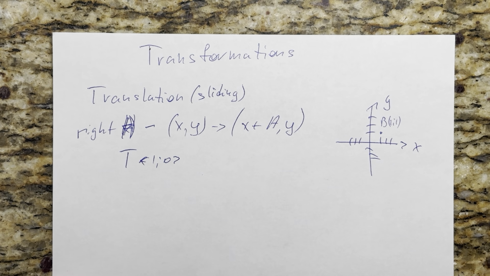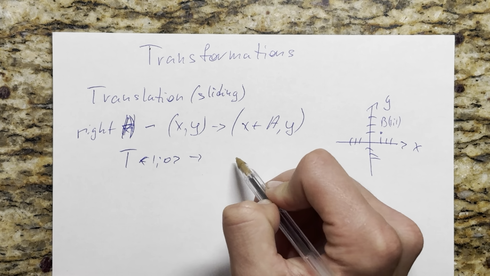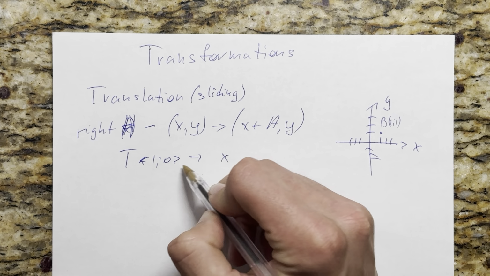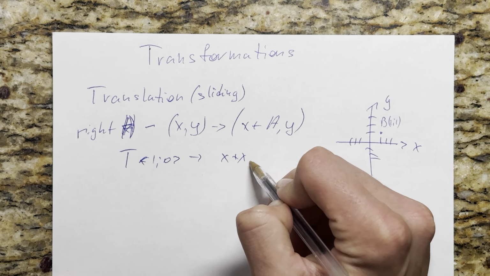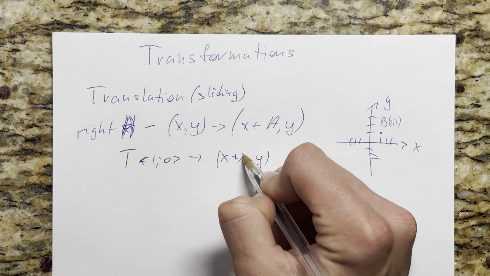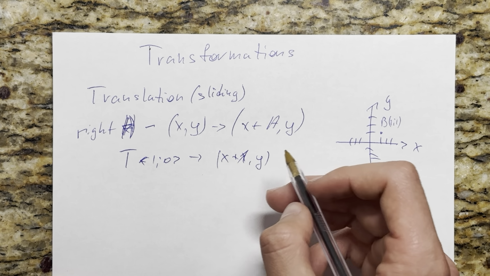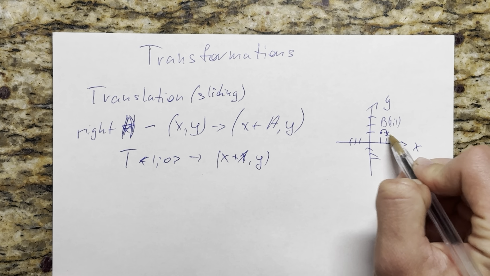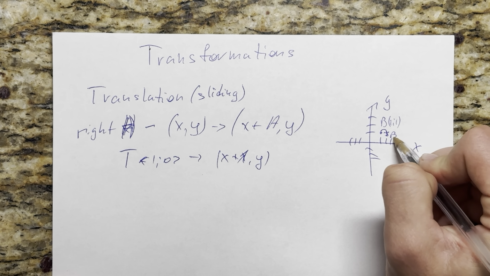That's how you annotate it, which means that to the coordinates of point B, you add 1 for x and 0 for y. So our point will slide to the right by 1. We'll go from here to here. And this will be our B prime.